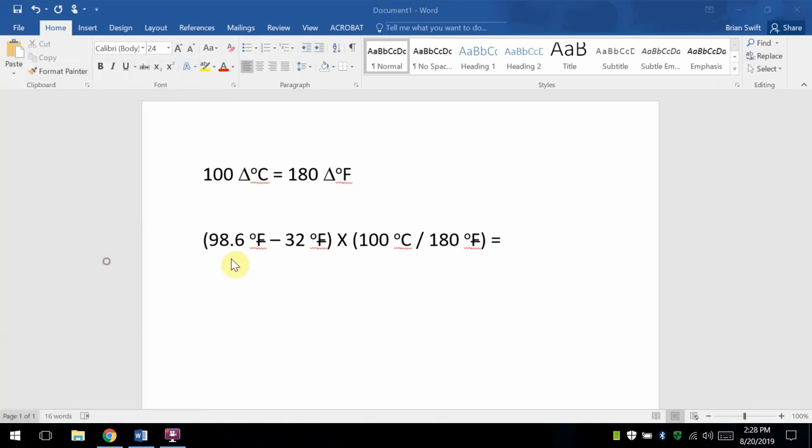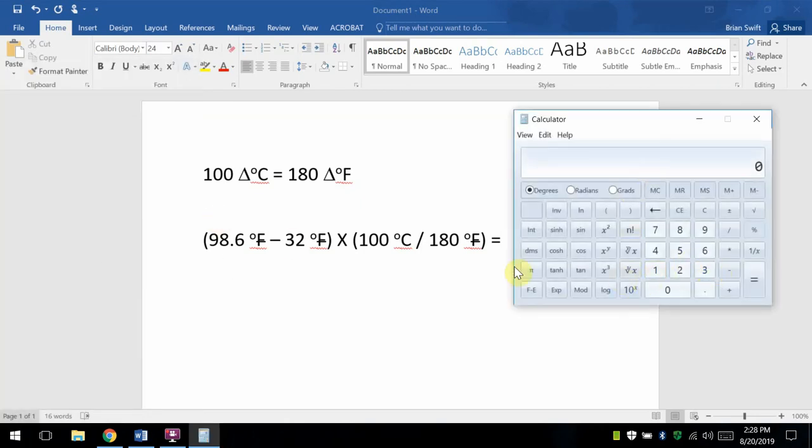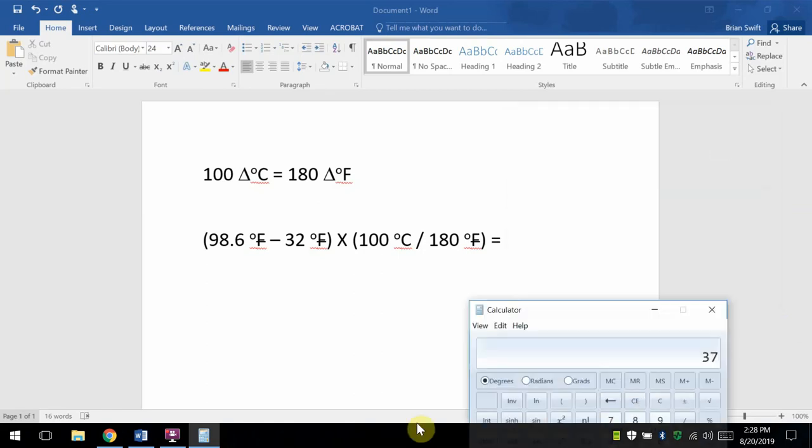All right, so we've got 98.6 minus 32 equals. And now we're just going to call this 1.8. It's going to be divided by 1.8 equals 37 degrees Celsius.